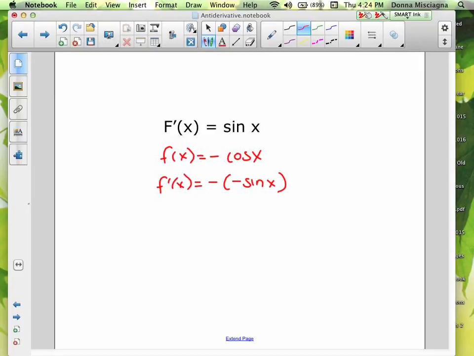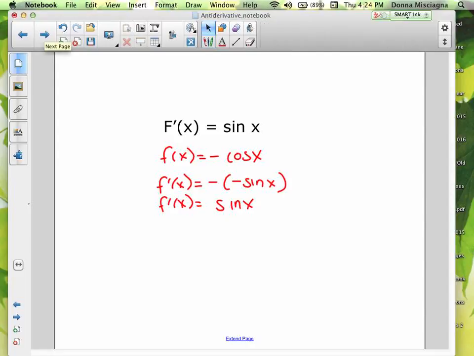And the two negatives would cancel, giving us positive sine x. Okay? So that was a little trickier. You had to remember that the derivative is negative for cosine x. And so if our derivative is positive, it must mean that our original function had a negative in front. Okay, so the correct answer for this one was negative cosine x.